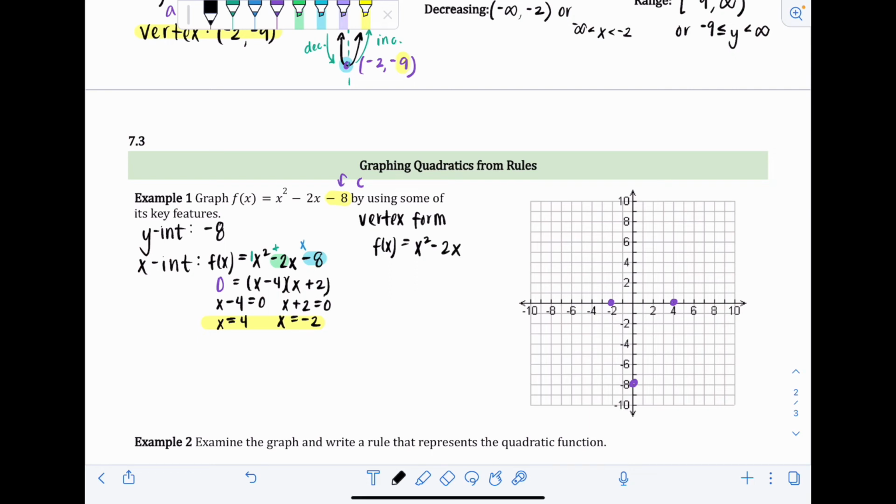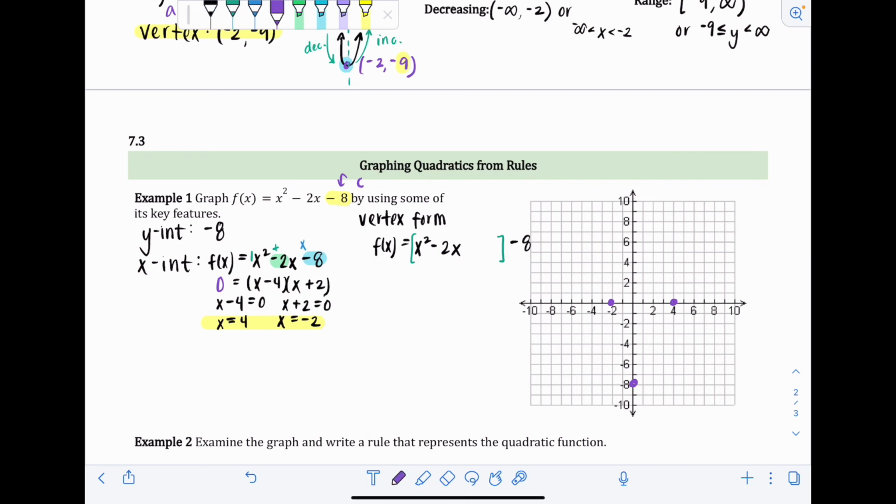Remember, when we're changing from standard form to vertex form, we're going to complete the square. So I want to leave this x squared minus 2x separate from the -8. I'm going to bump the -8 out, since I don't need that right now. I'm going to close brackets around it so I can focus on the part that I'm completing the square with.